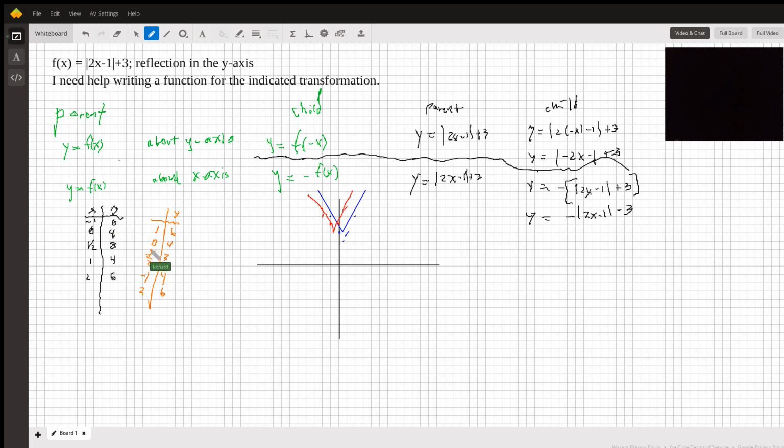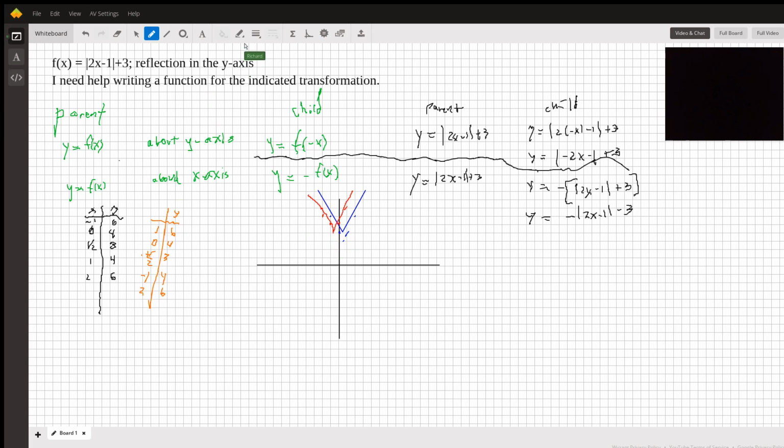Here we go, positive 1/2, 3. This one was originally 1/2. Yeah, this goes to negative 1/2. Negative 1/2, 3. So here's negative 1/2, 3 right here.